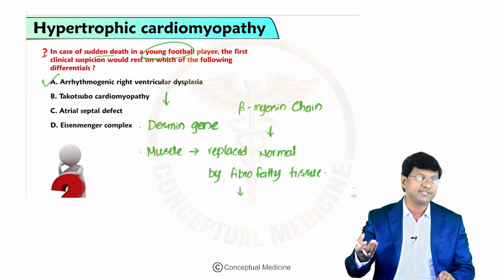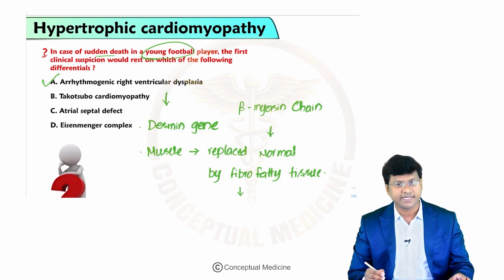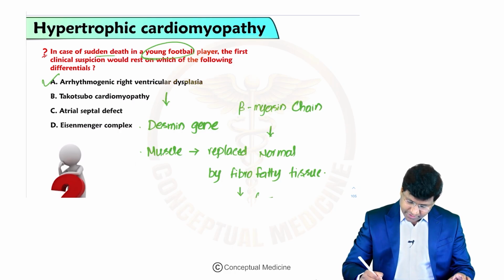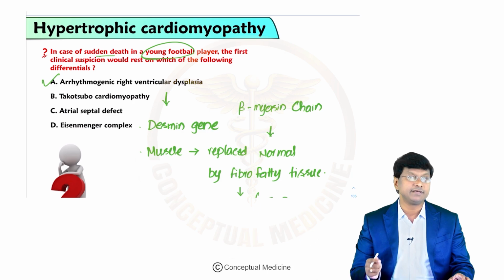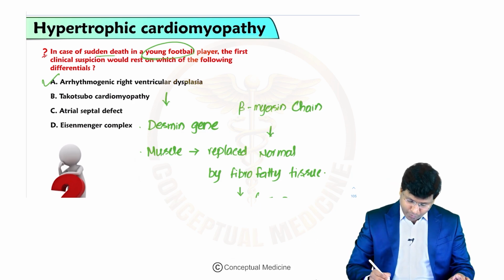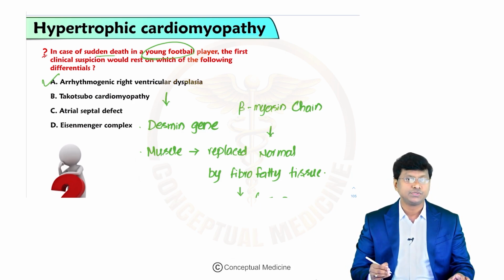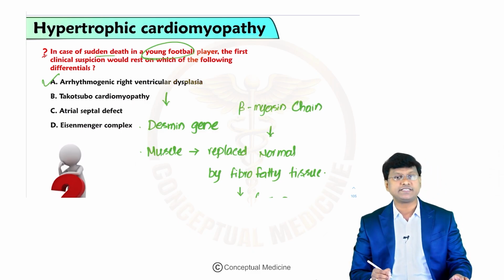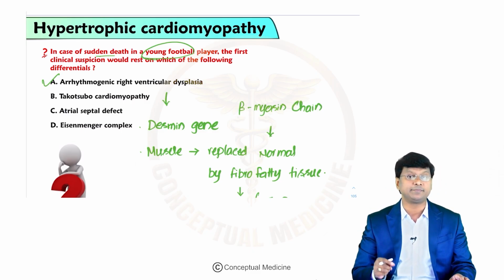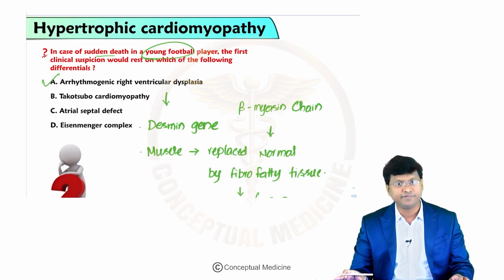So there will be adrenergic stimulation, and that will make the individual develop ventricular tachycardia, or the individual can develop Torsades de Pointes, right? Both of these scenarios will make the individual land up in death on the football field.